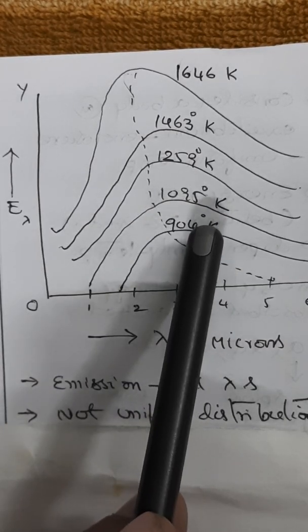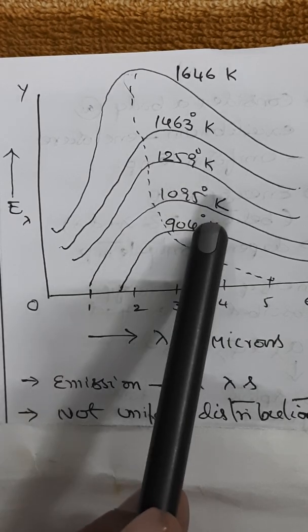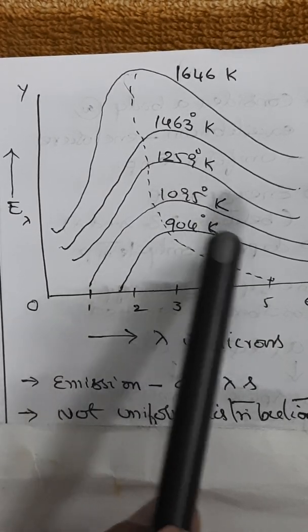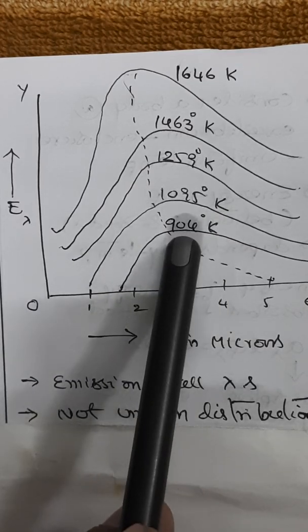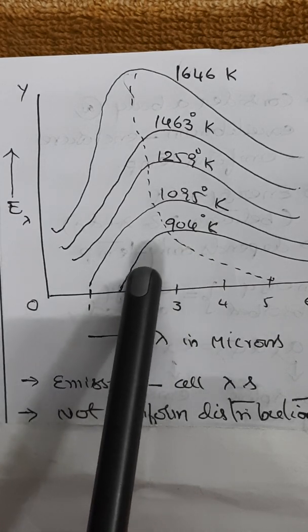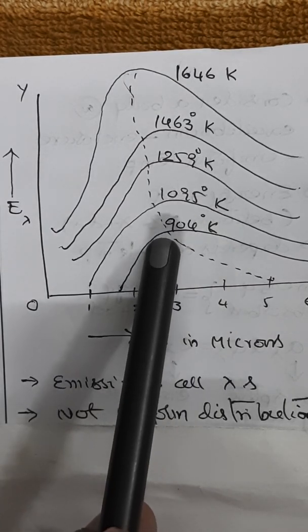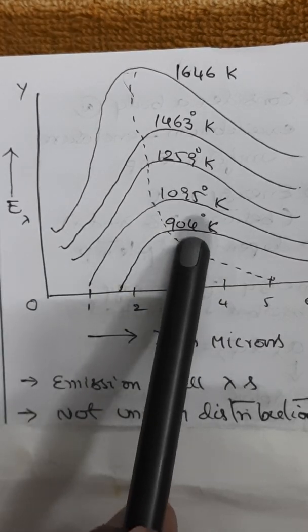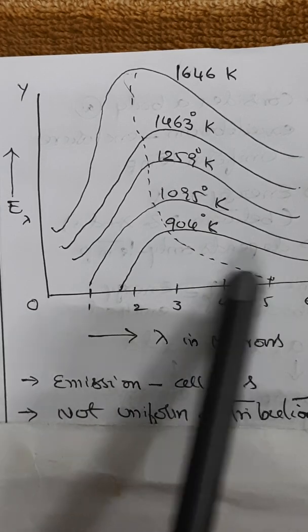This shows that the total amount of energy radiated per unit area per unit time increases with rise of temperature. Now I have used the word total energy of radiation. So the total energy of radiation at any temperature is given by the area between the curve corresponding to that temperature and the horizontal axis.